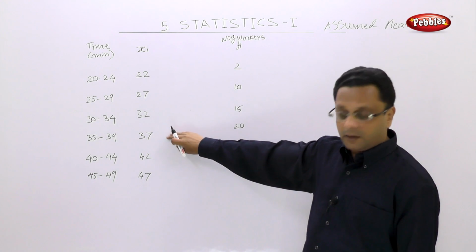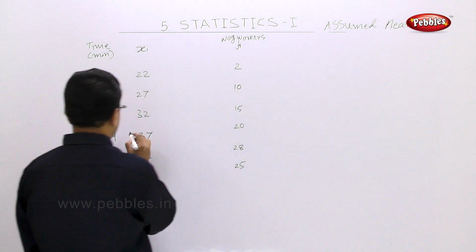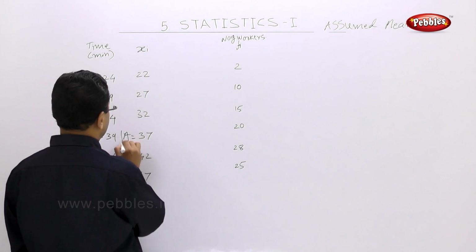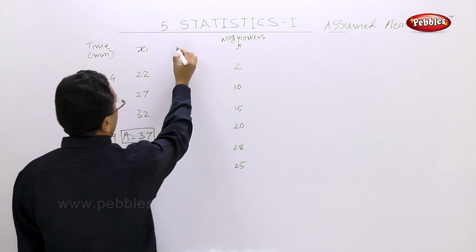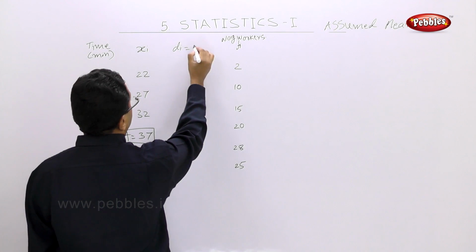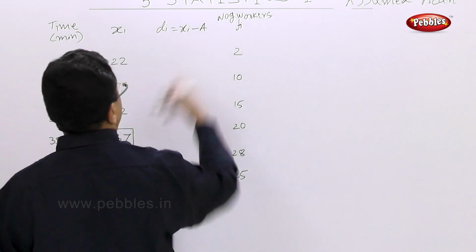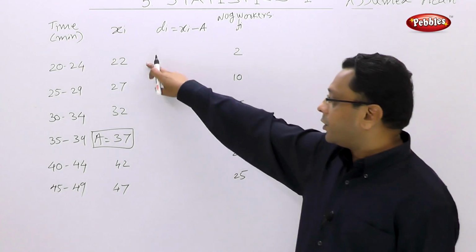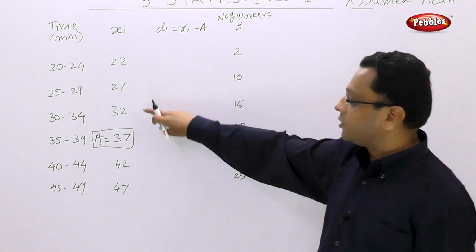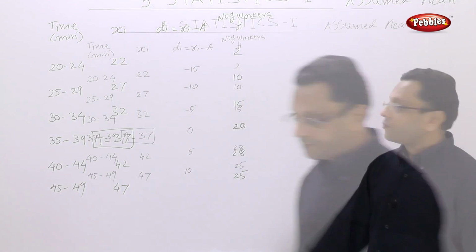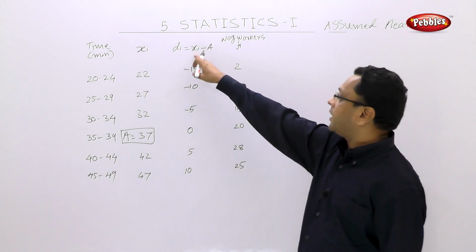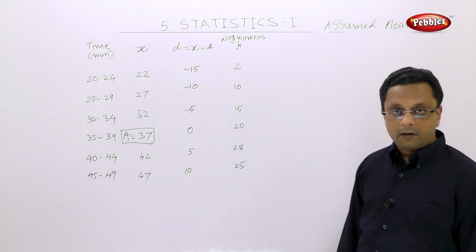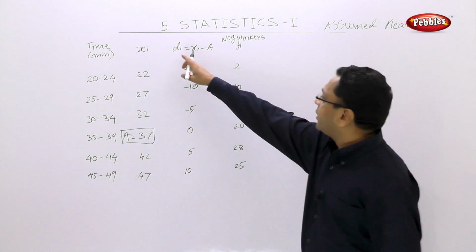I am taking the larger number, that is a equals 37, and I have to find di, that is xi minus a. Quickly find 22 minus 37, 27 minus 37, and so on. So this is di, xi minus a. What is the next step? Find fi di.